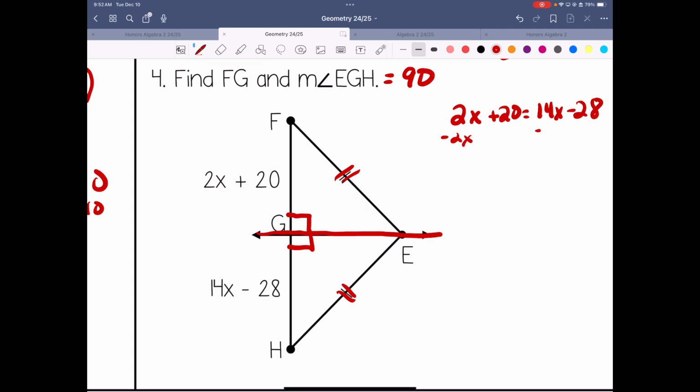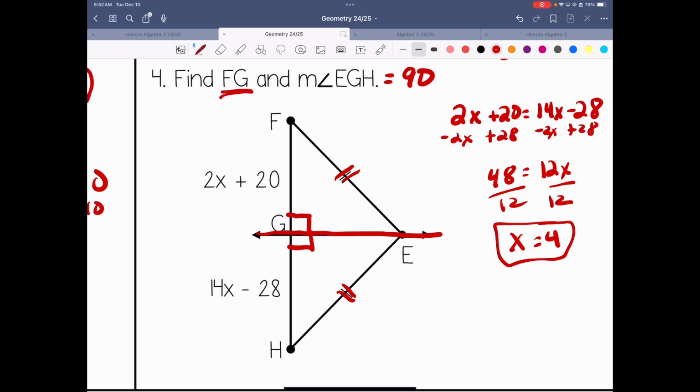Subtract 2x from both sides. Add 28. So 48 equals 12x. Divide by 12. X is 4.